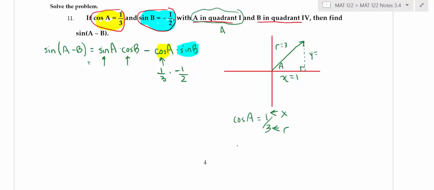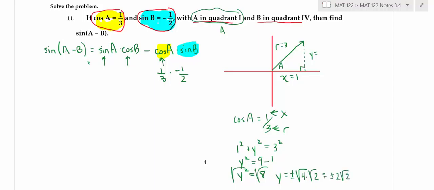We have x squared plus y squared equals r squared. Getting a little ahead of myself here. So we're going to have y squared equals 9 minus 1, or y squared is equal to 8. You can take the square root of both sides, so you get y equals plus or minus, and then break that down, so y is plus or minus 2 root 2.